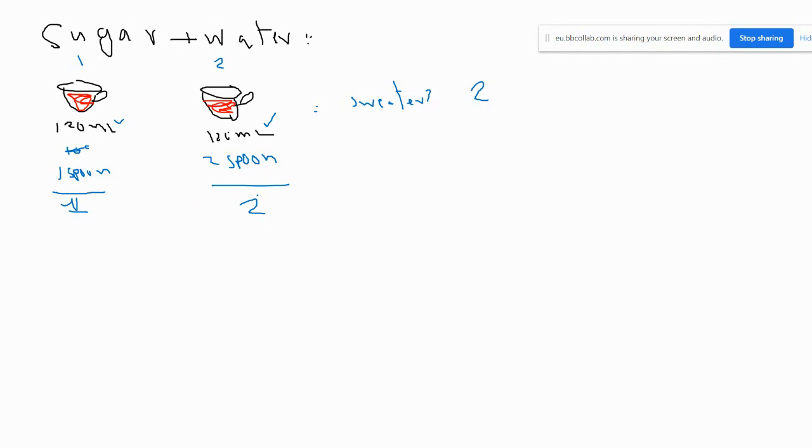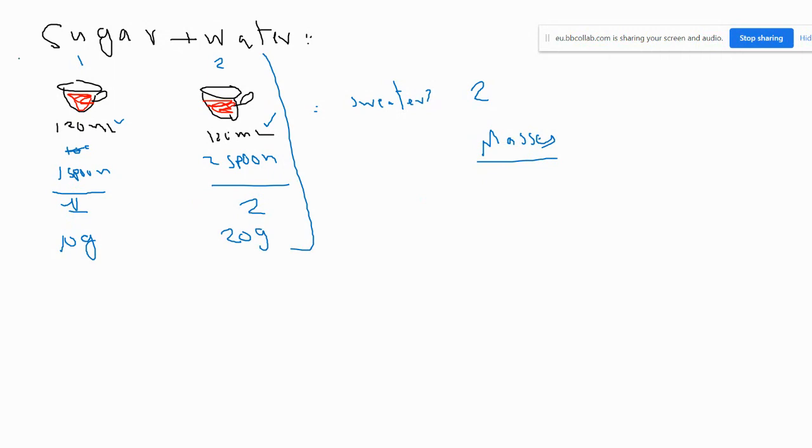Rather, in chemistry, in all other subjects, or even in our sciences, we use masses. So we should know the mass of 1 spoon. If I say the mass of 1 spoon is 10 grams, then the mass of 2 spoons will definitely be 20 grams.